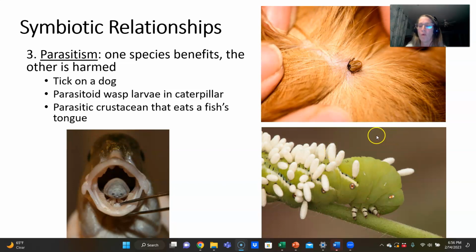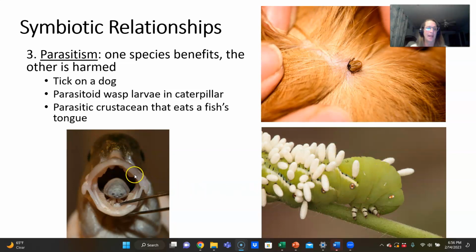So a female wasp will come and lay eggs inside the caterpillar. Those eggs will hatch. The baby wasp larvae will feed on many different parts of the inside of the caterpillar, and then when they are ready to turn into adults, they pupate on the outside of the caterpillar. The caterpillar is still alive and it's still eating, but it won't be alive for much longer after these wasps emerge.